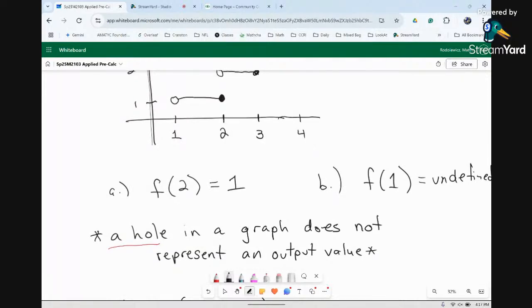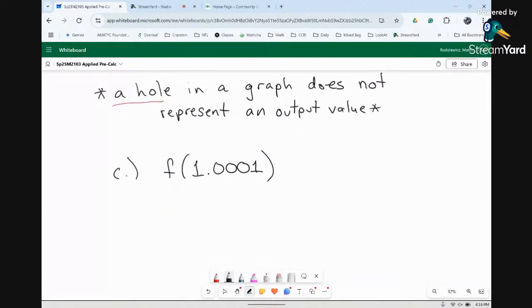But if you just scoop past 1, does it have an output? The answer is yes. So that's a reason why we have holes in graphs, because we want to be really, really close to 1, but for some reason, 1 is an issue. We'll have some context to that in real world applications. But to me, this is a good example about why that works. So far, so good? Maybe, maybe not.